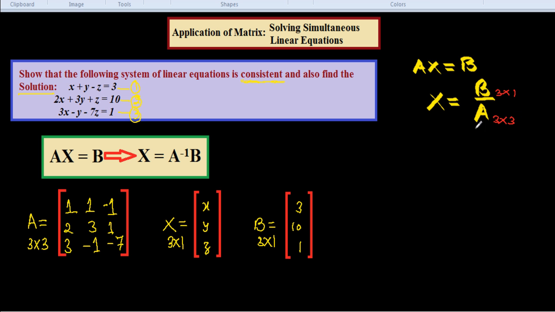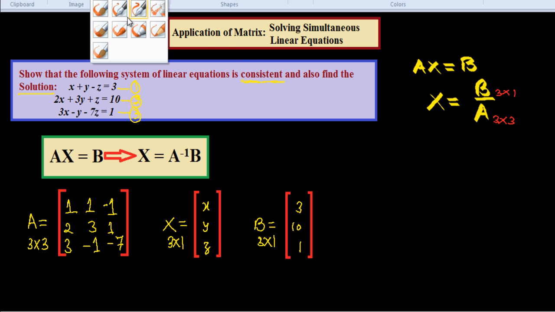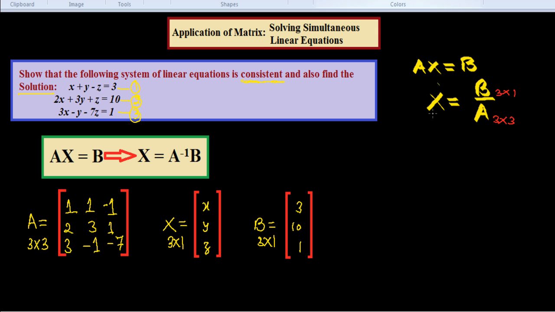If I get the inverse of this matrix A, I write it in this way: X is equal to A inverse B. Now look at this. It is 3 by 3, and it is 3 by 1. So you get a final matrix of 3 by 1.